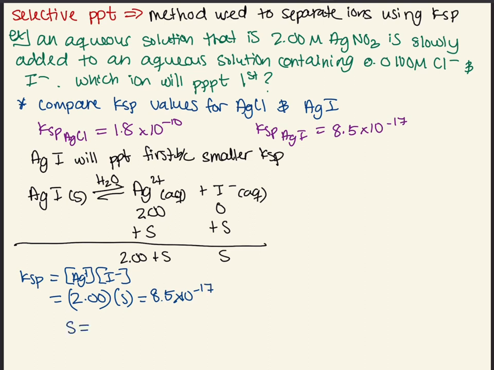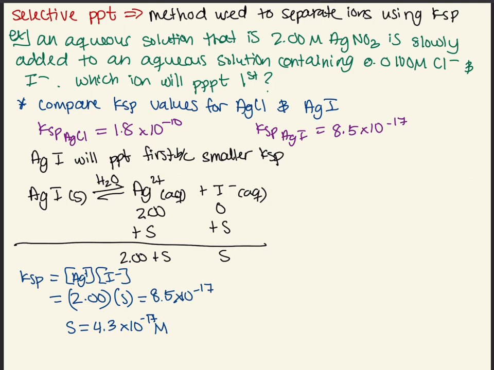So S is equal to 4.25 times 10 to the negative 17. So this is the concentration of the iodide that is required to start precipitating out the silver iodide.